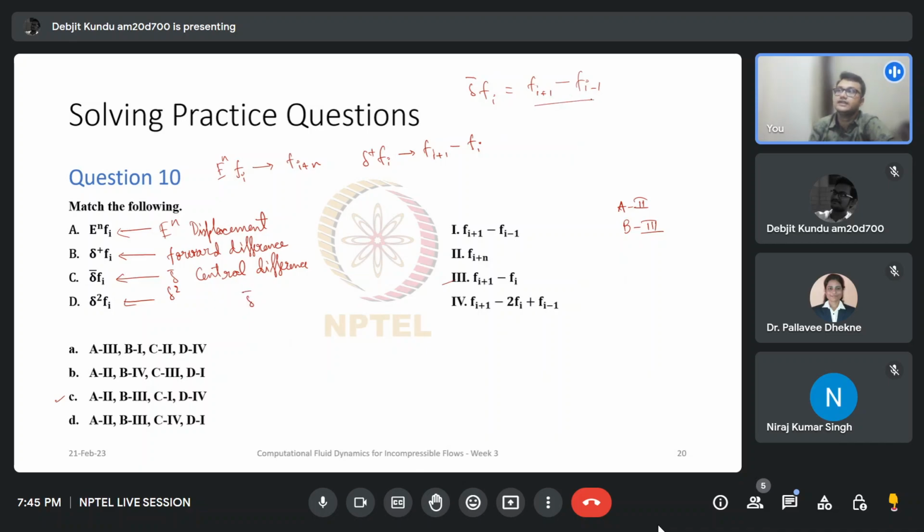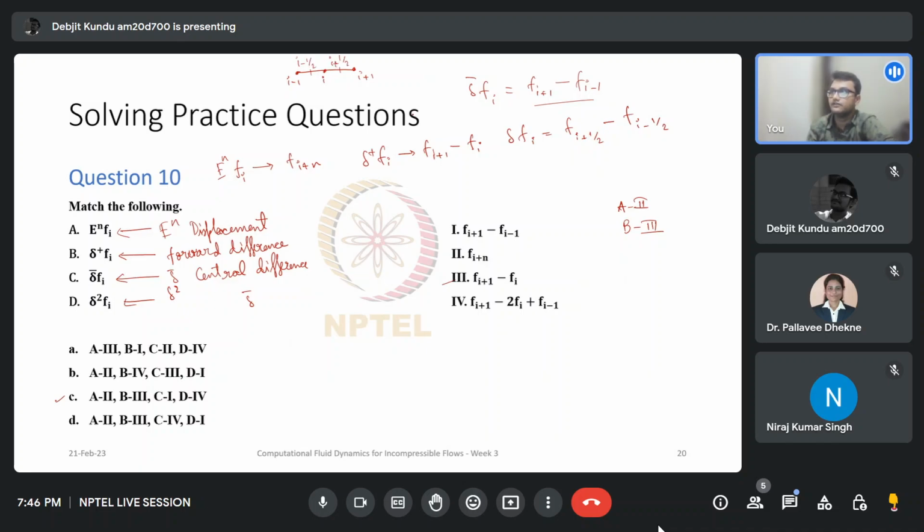Delta bar means I'll take two neighboring points, but using delta without the bar means I'll take half points from here and there. So one point from the right, one point from the left, but half points, in between points. These are points which do not actually exist. These are imaginary points. So instead of i plus 1, i minus 1, I have i minus half and i plus half.